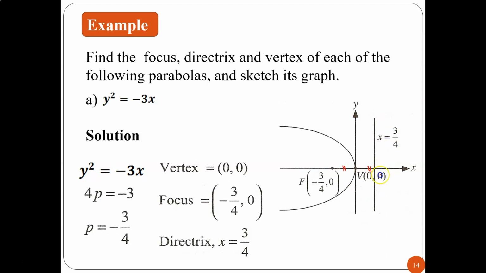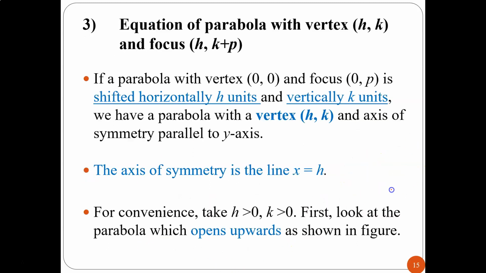This is the equation for the directrix. Since this is the y-axis, where x equal to 0, and this is the x-axis, where y equal to 0, in terms of equations. Okay, so this is it.